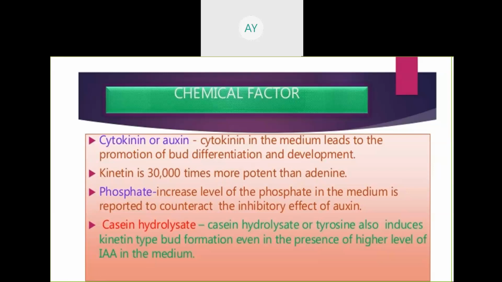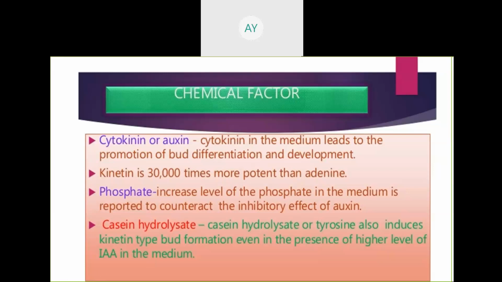But you know the mainly two terms: auxin for root formation and cytokinin for shoot formation. If there is an equal amount of auxin and cytokinin, callus development. If there is a high concentration of cytokinin, shoot development. And if there is a low concentration of cytokinin and high concentration of auxin, then root development.